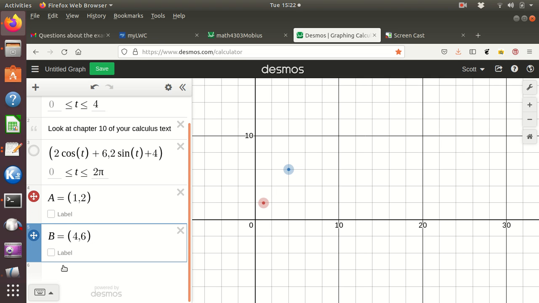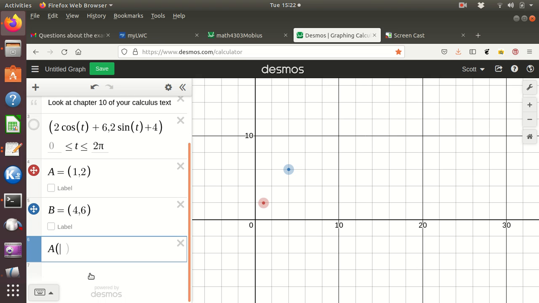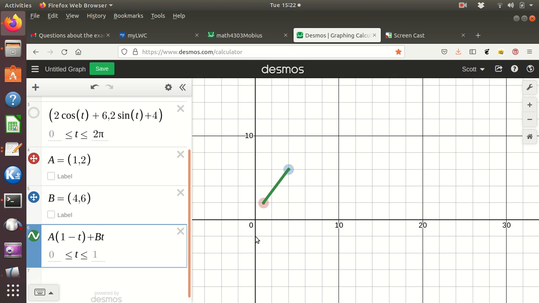So here's point A, point B. All I need to do is take A times 1 minus t, and then plus B times t, and there's my straight line. And now notice if I make that like 0.2, you see I'm starting from A and going to B, and that's how I do it. I start from A, go to B.